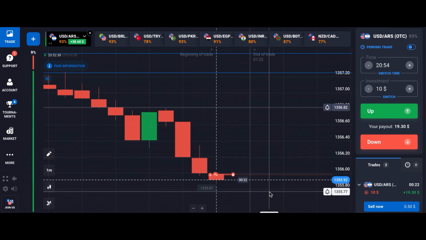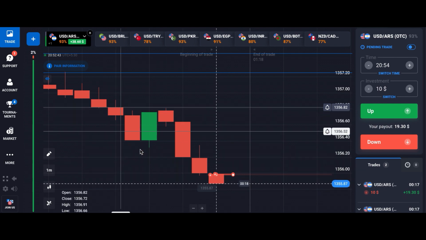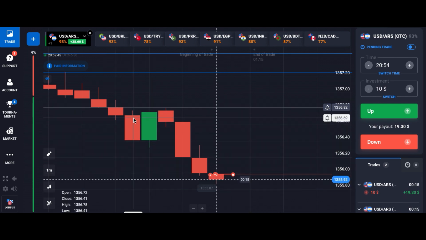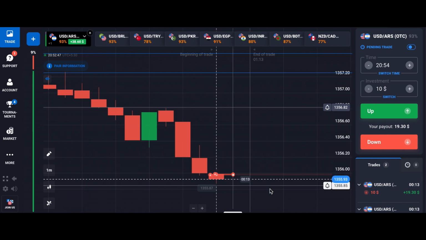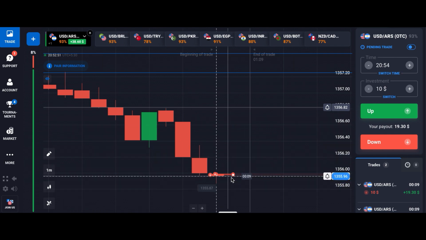This is a pattern. If you want me to make a video on this pattern, let me know in the comments so that I can make specific videos on these patterns. Okay, this will be a short trade.